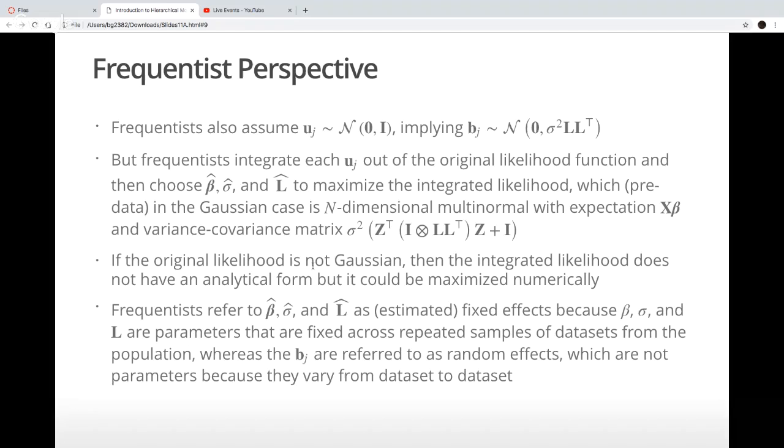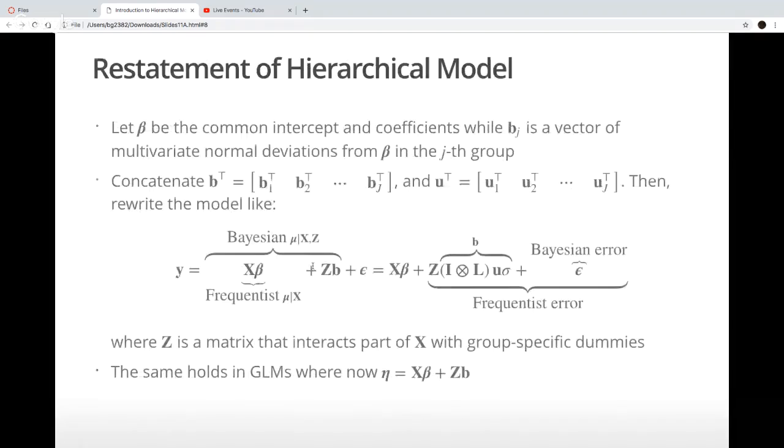And so that's why this distinction between what's part of mu, conditional on X or conditional on X and Z, and what's part of the error term, drives this difference in perspective on multi-level models between Bayesians and frequentists.